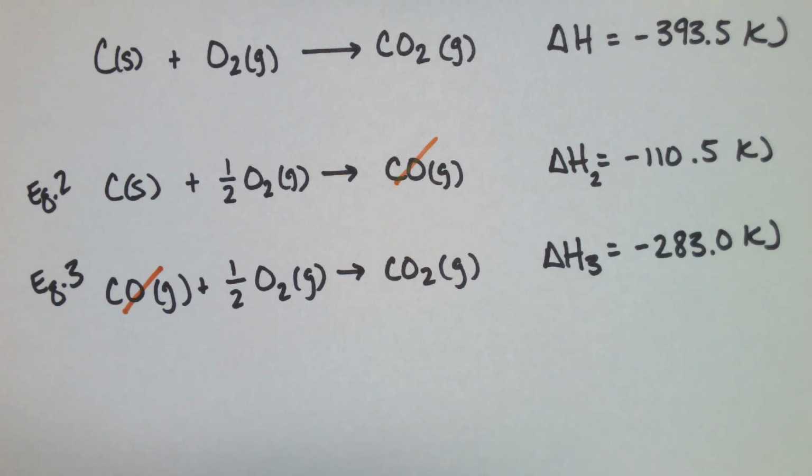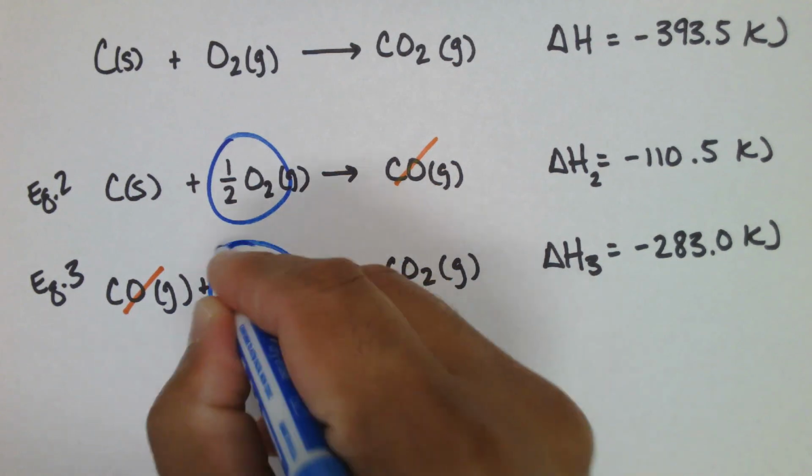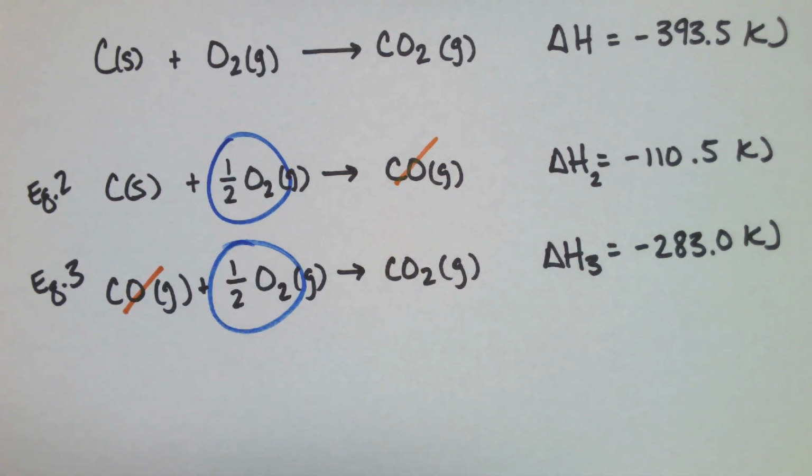Using Hess's law to sum equations 2 and 3, we see that 1 mole of carbon monoxide on both the reactant side and product side cancel. And the half moles of oxygen on the reactant side will sum to give 1 mole of oxygen.